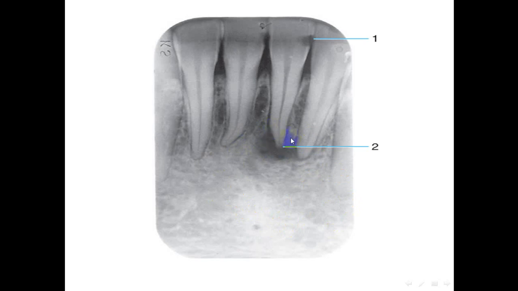While with a lesion of that size, it is difficult to recognize whether it is a periapical abscess, granuloma, or cyst. So you can see a very wide area of infection with a widening in the periodontal ligament and disappearance of the lamina dura.